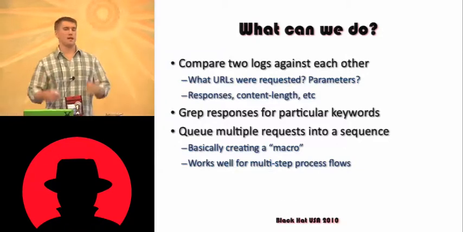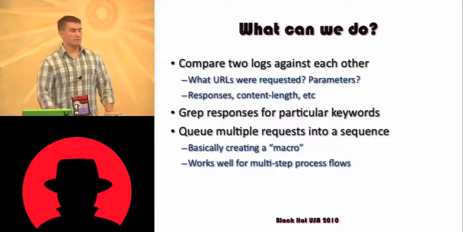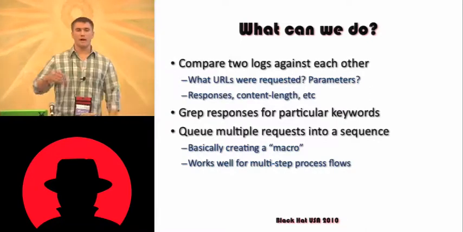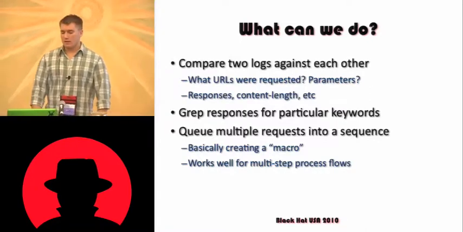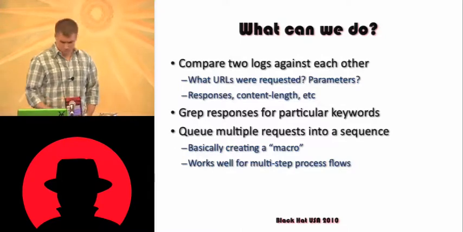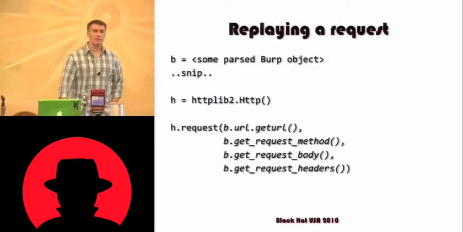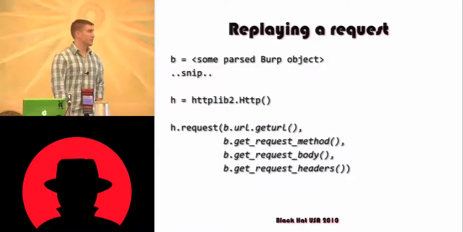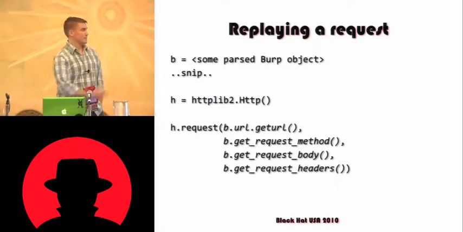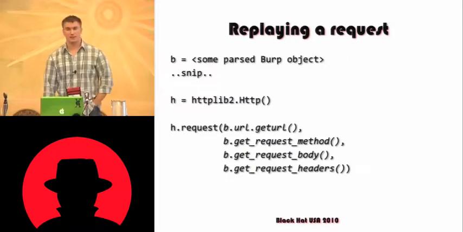I could pick those out, replay them in order and fuzz them along the way, or submit requests out of order and see what happens. I think it's pretty powerful. Also a login sequence is perfect. And replaying a request with httplib2 is as simple as literally 3 lines of code.